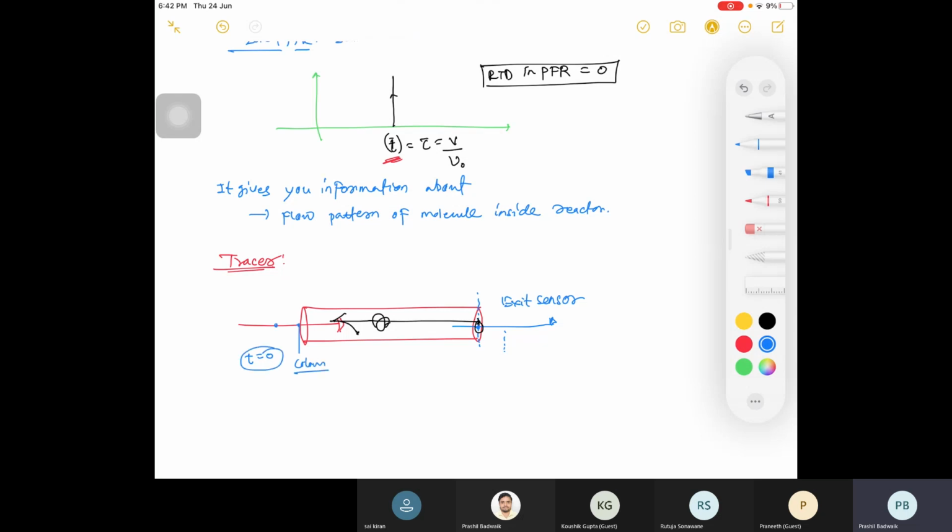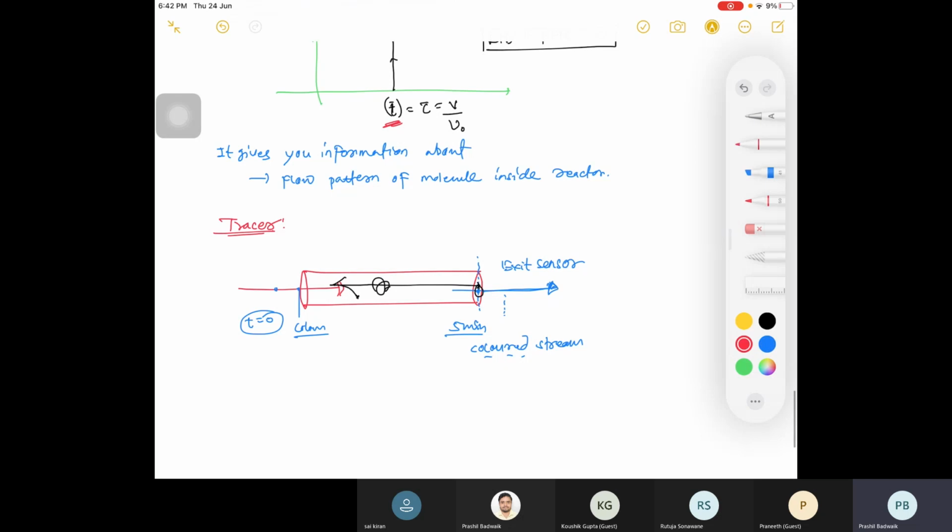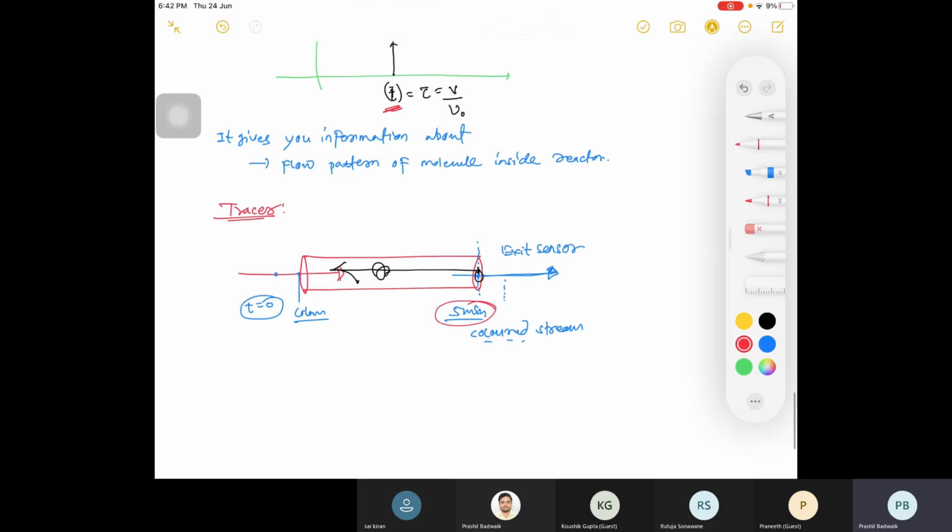At time t equal to 0, you suddenly add color, and you are getting a colorless stream at the outlet. Suddenly after 5 minutes, you start getting a colored stream. You can detect that.